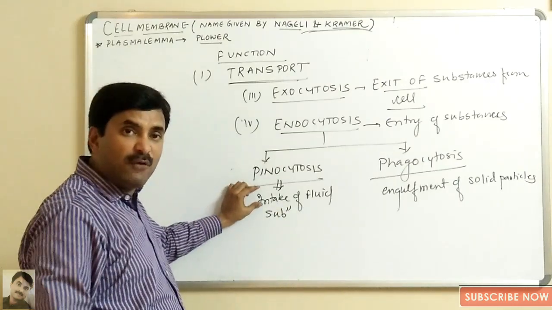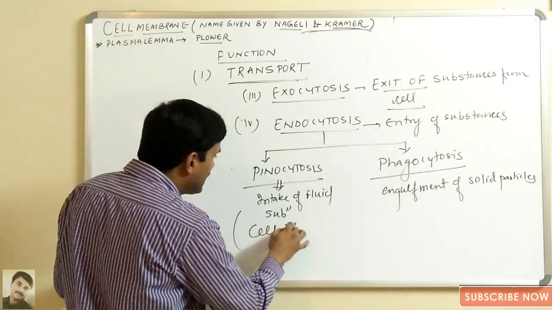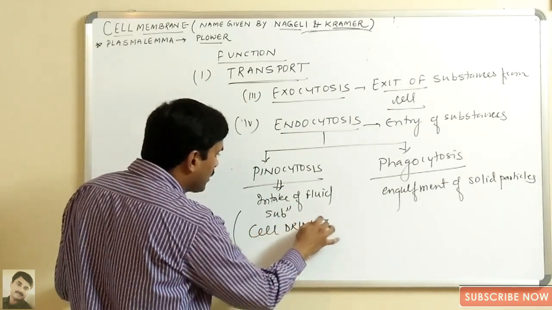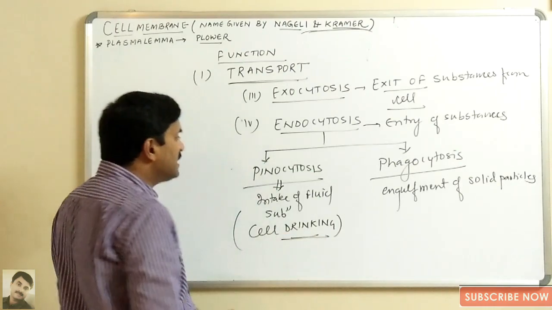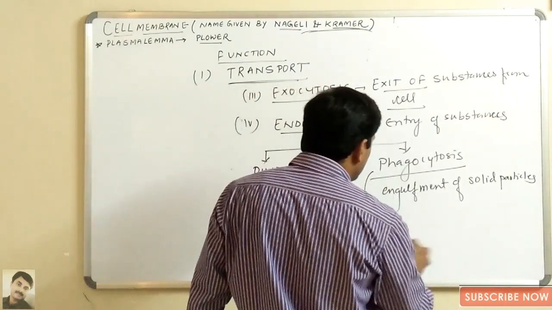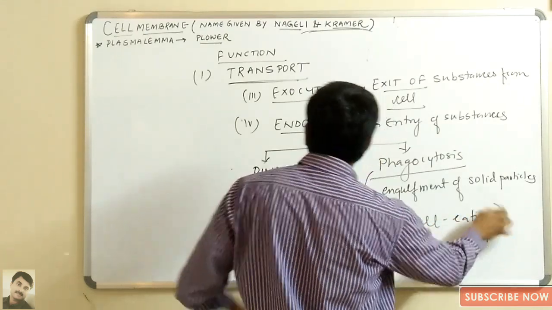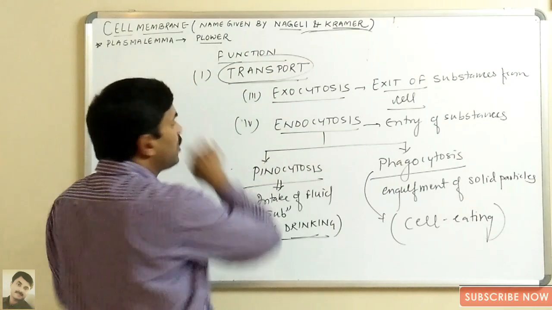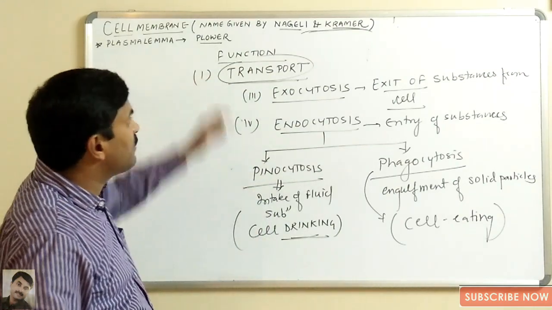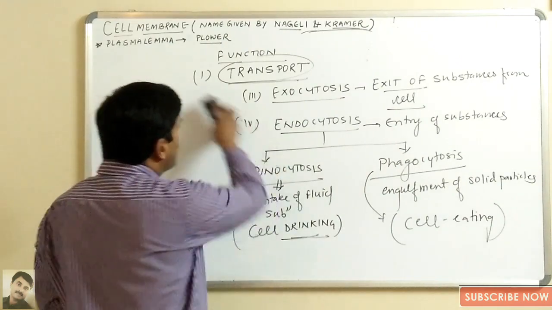Because here the intake of fluid substances occurs, it is also called cell drinking. We can also use the term cell drinking in place of pinocytosis, while for phagocytosis we can use the term cell eating. So this was the main function of the cell membrane, known as transport. This was function number 1.